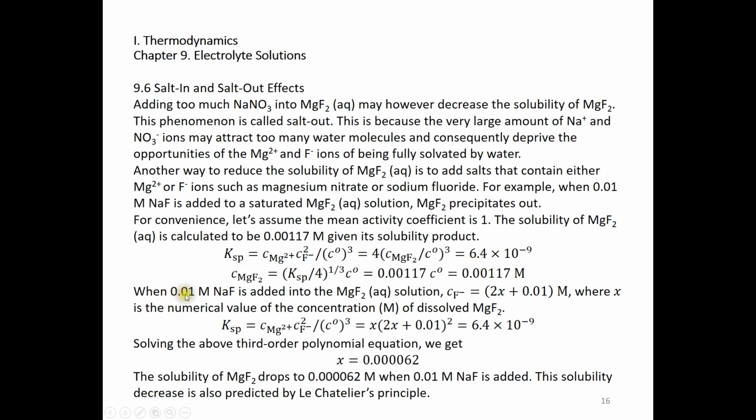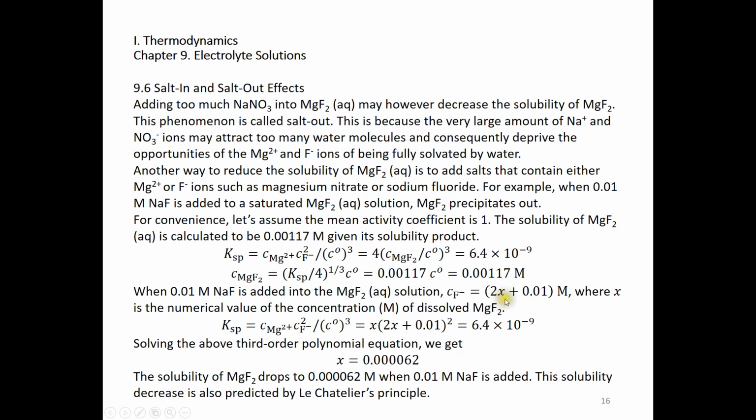Now if we add 0.01 molar sodium fluoride into this aqueous solution, we have a different concentration for fluoride. It's 0.01 from this sodium fluoride. And I'm using a variable x here. x is the concentration of dissolved magnesium cation.